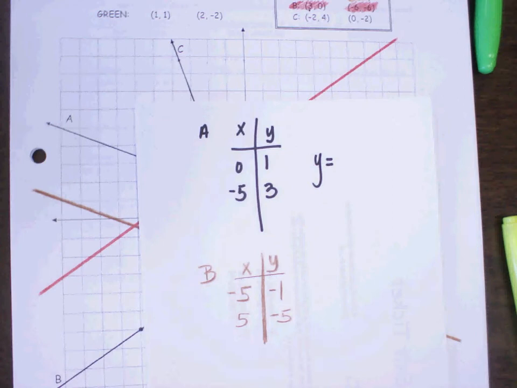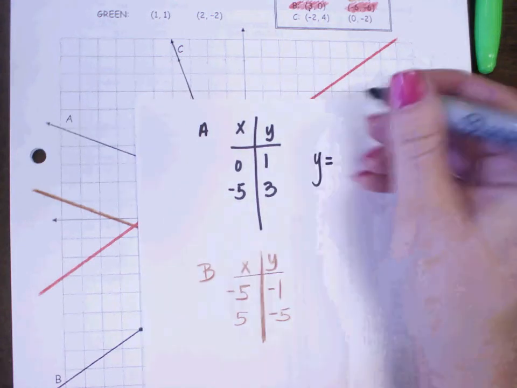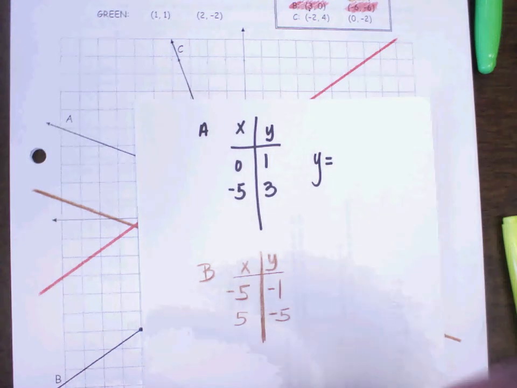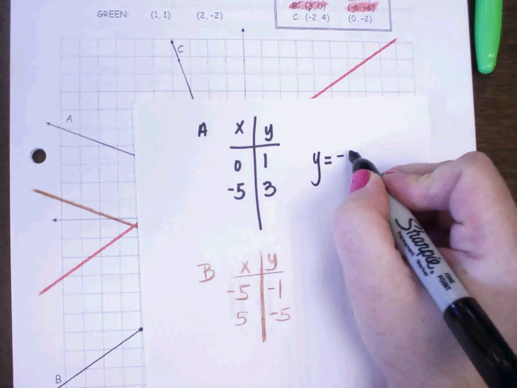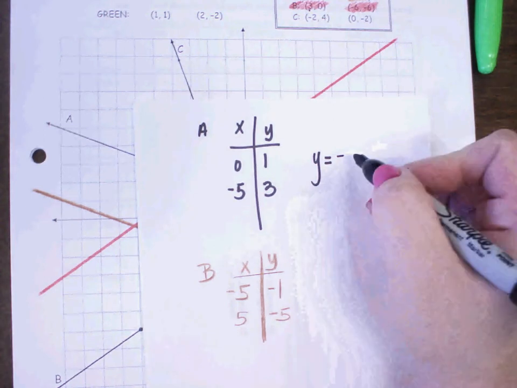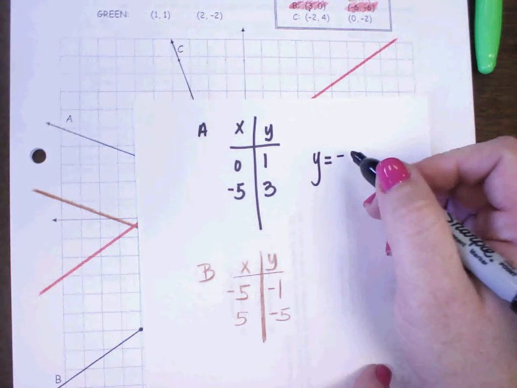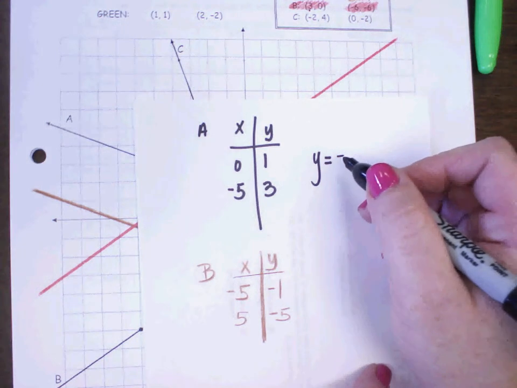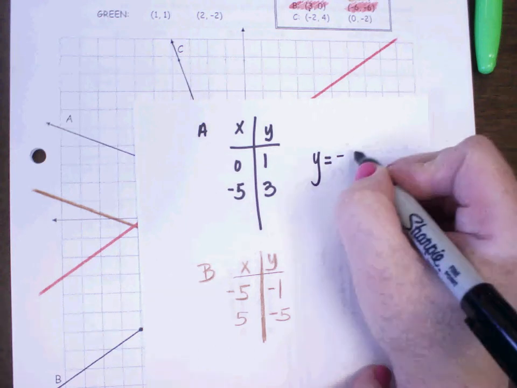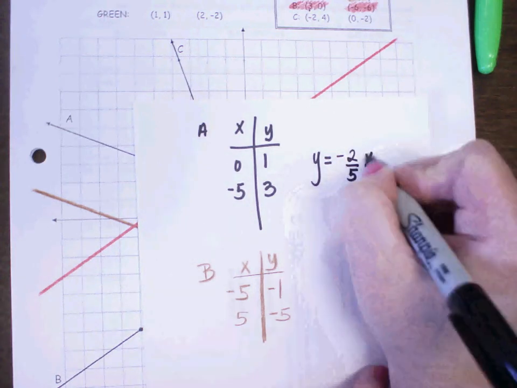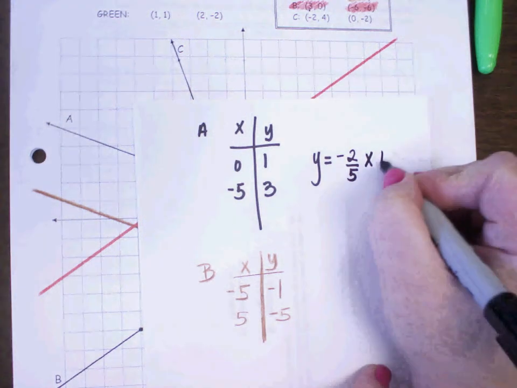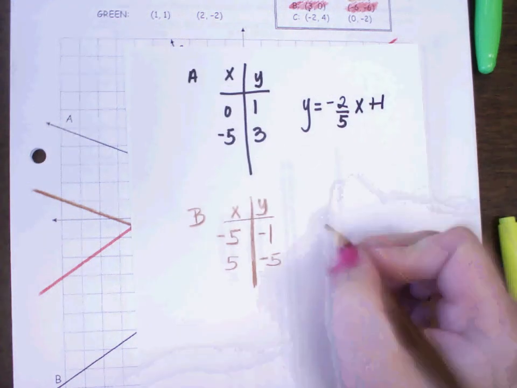So everybody should be on stat, coming up with the equation of the line for line A. All right, I don't want that as a decimal, right? Negative what? Negative what? Plus 1. All right, let's go with the brown.